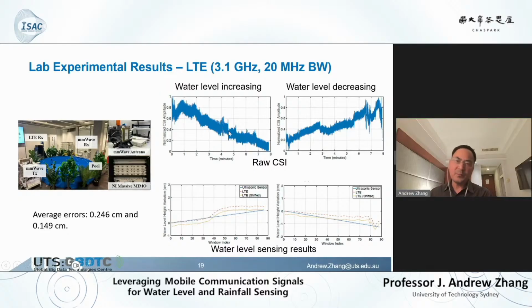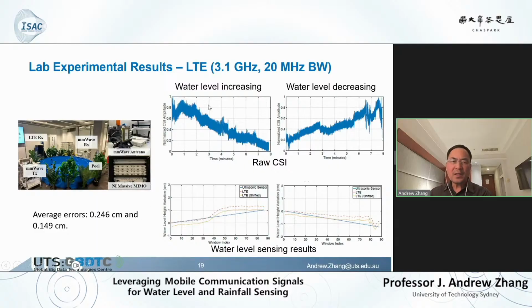So this directly implies that the accuracy may be slightly degraded. And this is true, as we can see from the curve here showing the water level estimation results. The average error is about 0.2, something like 10 times larger compared to the millimeter wave.